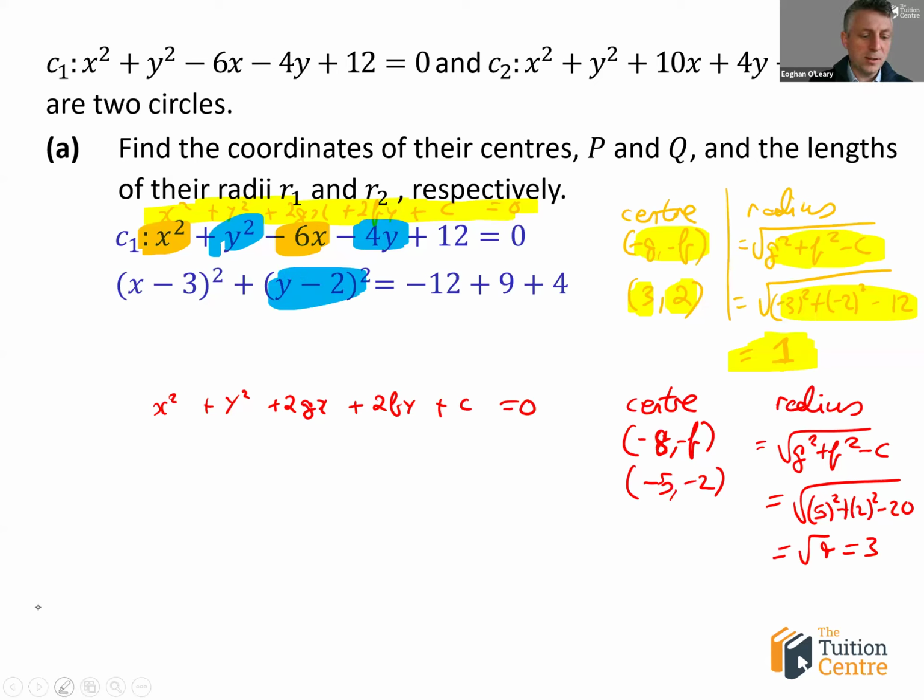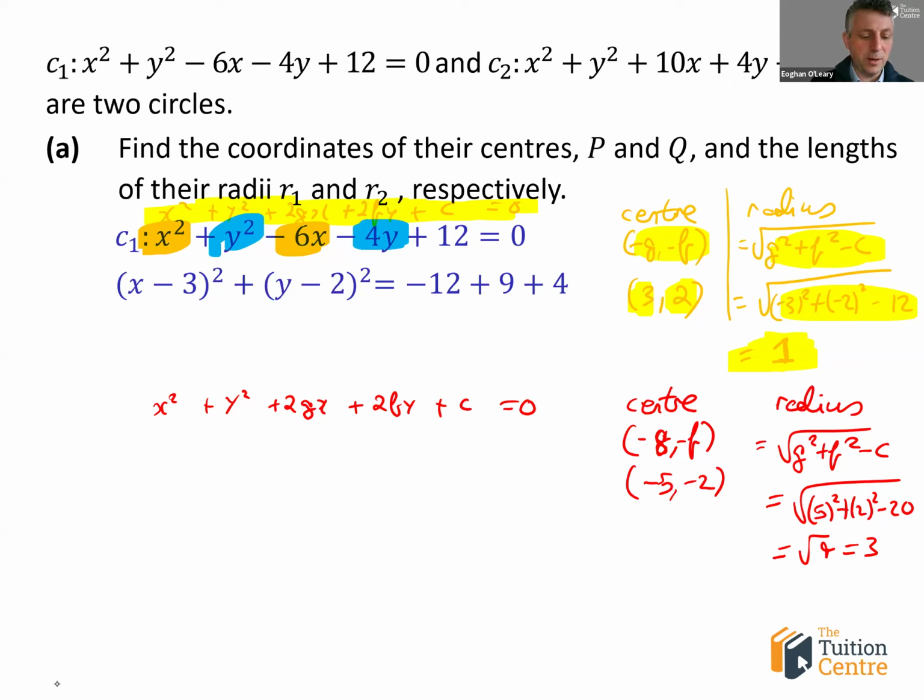But that would give you y squared and a minus 4y, that's fine, but it would also give you a plus 4. To keep everything in balance, you would also have to subtract the 4. Bring that over to the other side, and it becomes a plus 4 over there. So that's where the 9 and the 4 on the right-hand side come from.